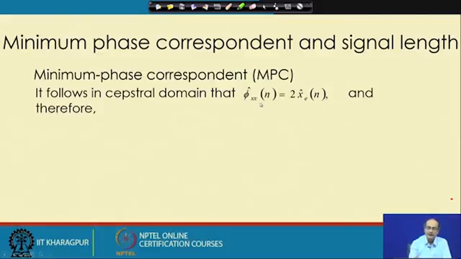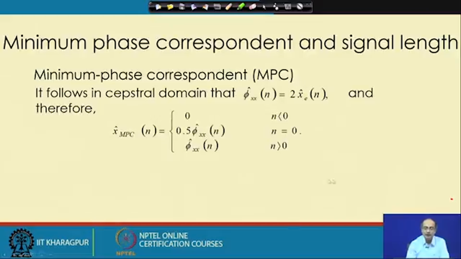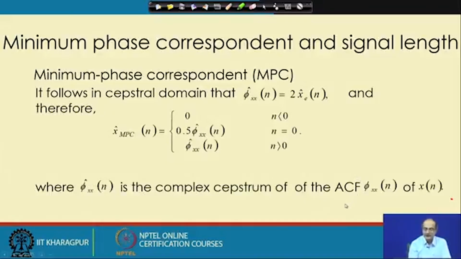We can compute it with respect to the ACF, that twice the even spectra is the same as the complex cepstra of the autocorrelation coefficient, and using that we can compute the complex cepstra of the minimum phase correspondent with the help of the complex cepstra of the ACF. So, we get a new way to find the minimum phase correspondent of the signal.